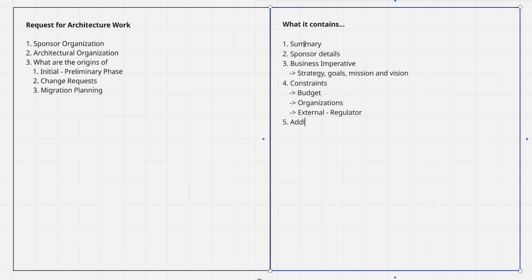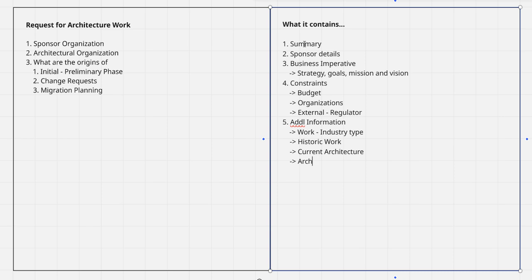And then additional information about the sponsor, like what kind of work they do, so to say, what is the industry type, and is there any historic work they did, any previous work they did other than what they are doing currently, and what is their current architecture, what are their architecture capabilities.